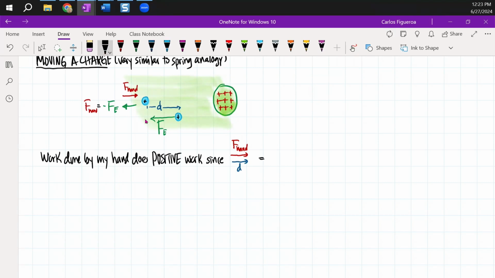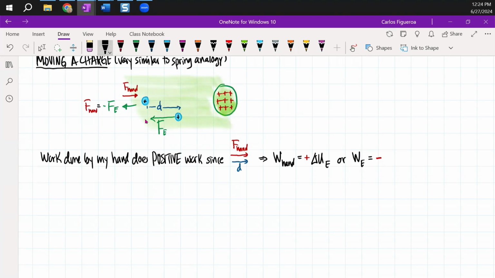So then that really tells us that there are two ways to view this: the work of my hand, which is external to the system, does positive work and it increases the electrical potential energy. But that's not the way we look at it. We want to look at it in terms of the electric field. So then we could say the work of the electric field is negative work because they point in opposite directions.